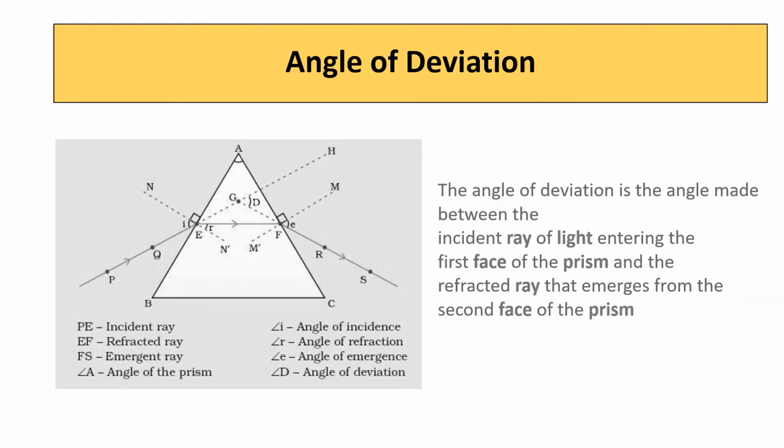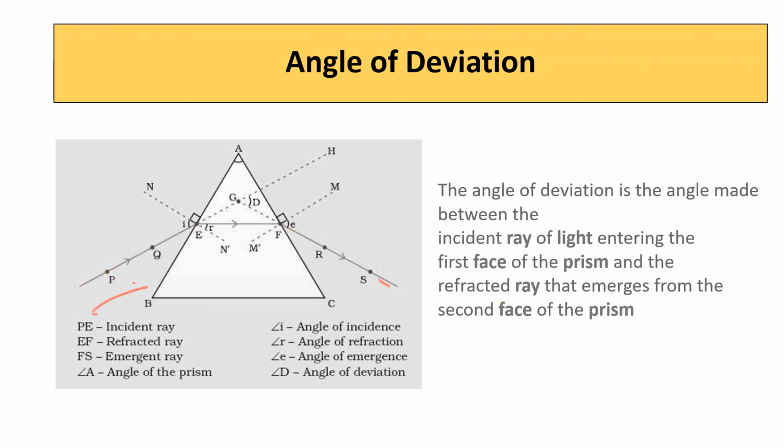Angle of deviation is the angle made between the incident ray of light entering the first face of the prism, and the refracted ray that emerges from the second face of the prism. This angle is known as the angle of deviation.